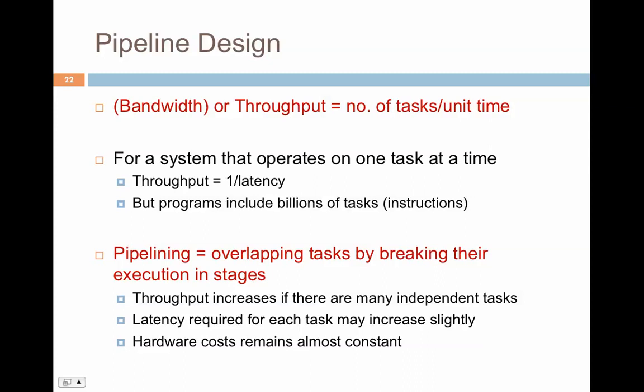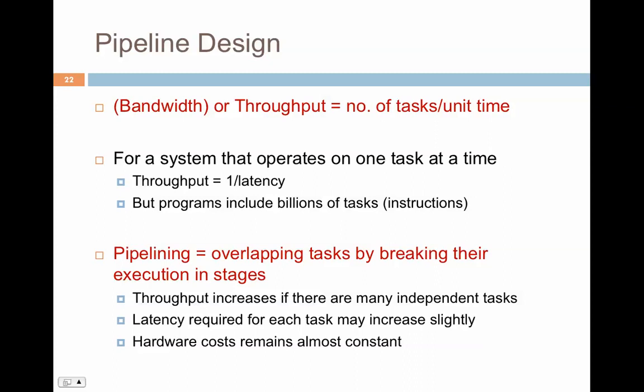Latency required for each task may increase slightly because as you increase the number of stages, you may have to create some simple digital components such as latches, which may increase the cycle time a bit. So there is a case where the latency might increase because of your design.